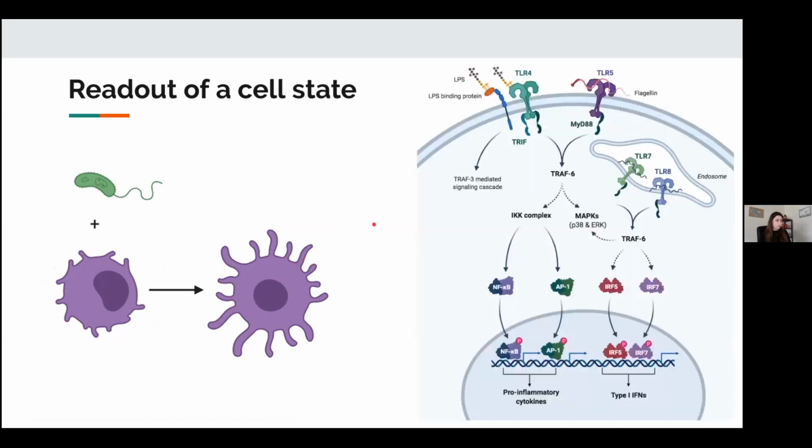So the way that cells do this is by turning on a signaling cascade. So LPS will stimulate the Toll-like receptor 4, and this will eventually lead to the activation of transcription of several thousand genes involved in the cellular response for this pathogen, including cytokines and other types of immune genes.